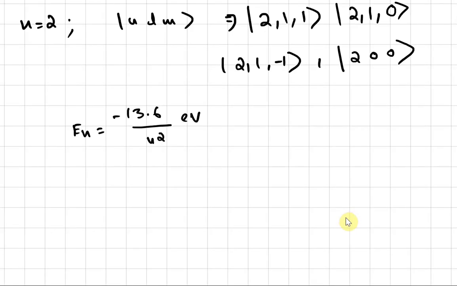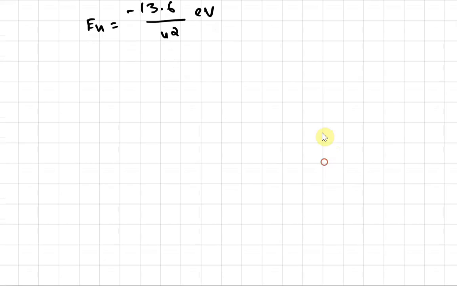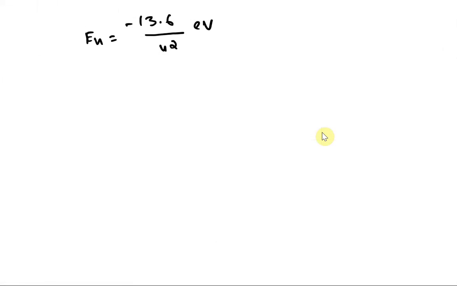So for this degenerate setup, we have to find out the first order energy correction. To find it out, I need to formulate a matrix, and that matrix element is going to be of this general form: <n l m| H' |n' l' m'>.